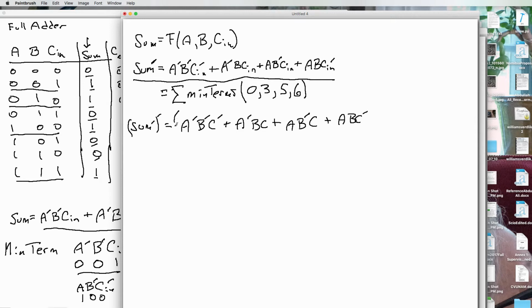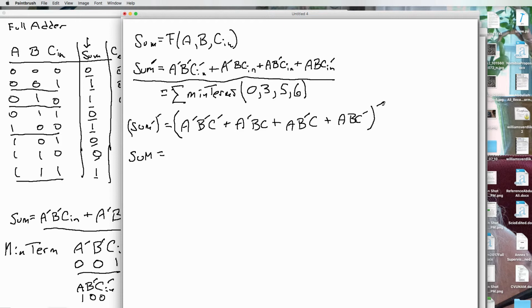But now the whole thing about this is I'm going to prime this. And now sum prime prime just gets me back to sum. And here's where the really cool part comes in. What I've got to use over here now to simplify this expression is I want to use De Morgan's rule. And remember what De Morgan's rule is going to do.